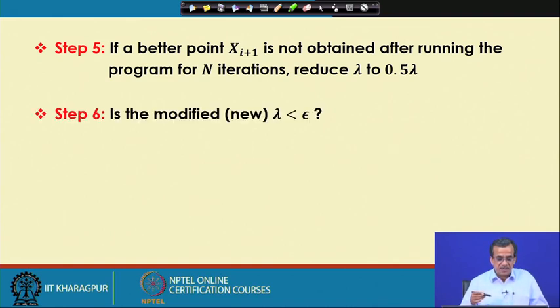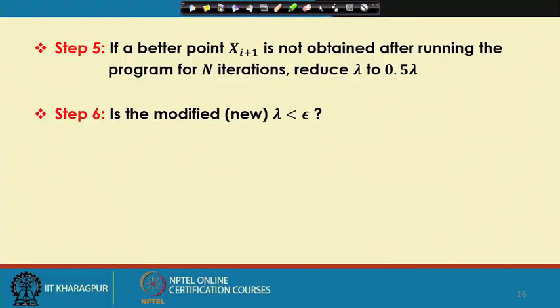Now, step 6 is the modified lambda. As I told, we reduce lambda to 50%, and for a particular value of lambda, we run this algorithm for capital N iterations. We go for the reduction of lambda through a number of iterations, then we reach the minimum permissible value for lambda, which is nothing but epsilon.